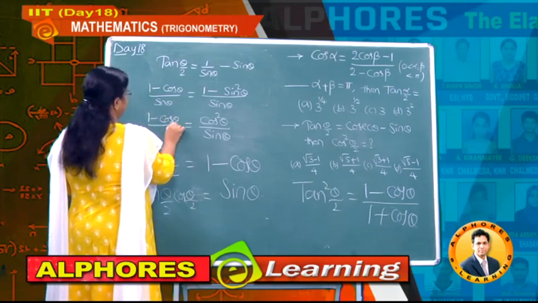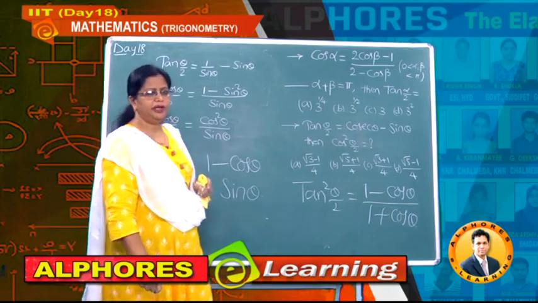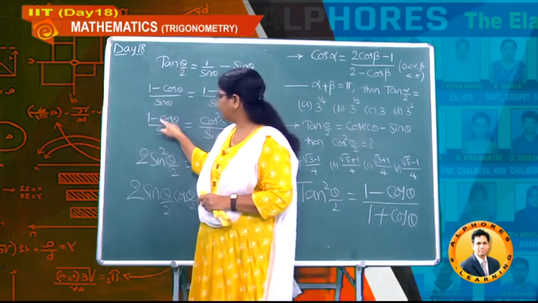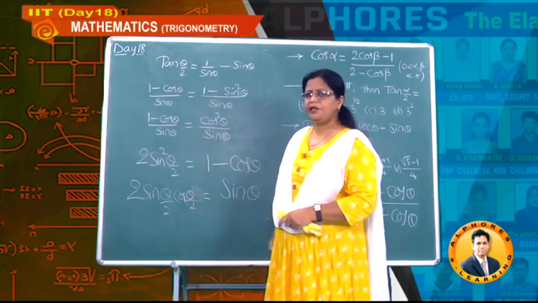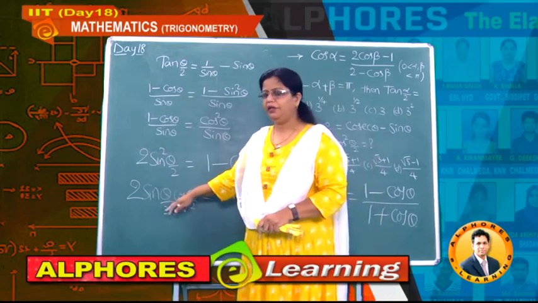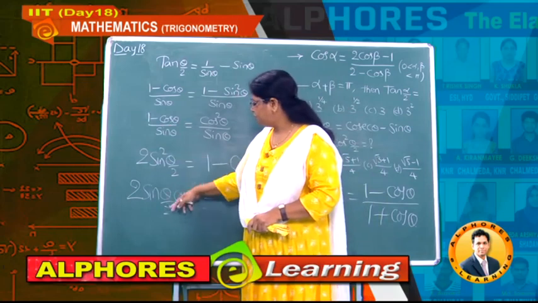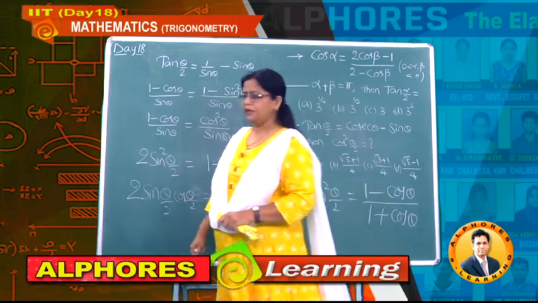So students, remember, this is the formula for tan theta by 2, that is 1 minus cos by sin. How did we get it? 1 minus cos is 2 sin square theta by 2, and sin theta is 2 sin theta by 2 cos theta by 2. If you divide, the sin and the 2 get cancelled, and you get tan, right?